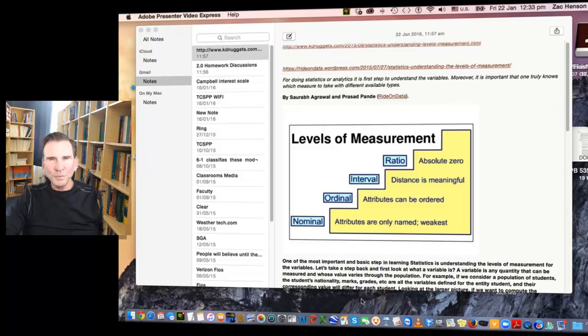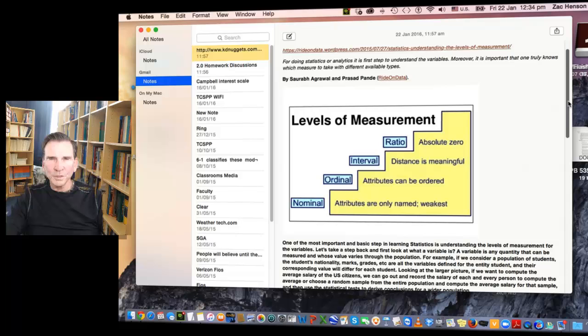For doing statistics or analytics, the first step is to understand the variables. Moreover, it's important that one truly knows which measure to take with different available types. This was articulated by Sarub Agrawal and Prasad Pandey, and they have a website called Ride on Data that we'll be using for illustration purposes.